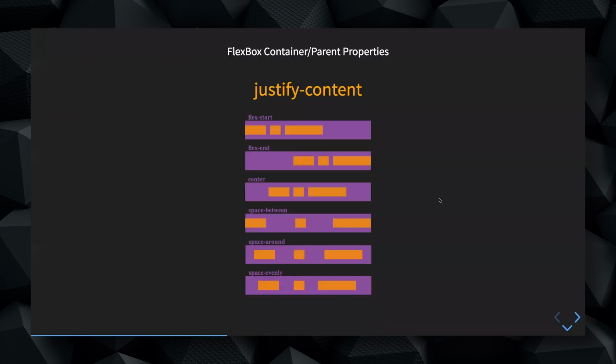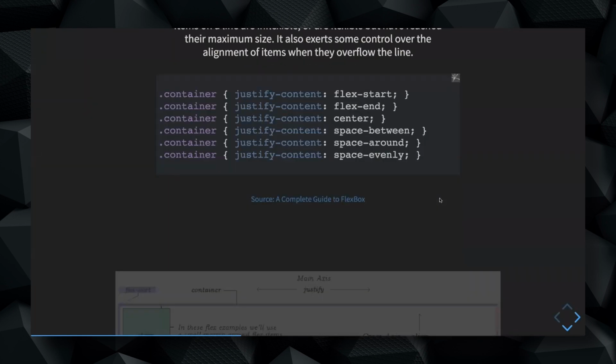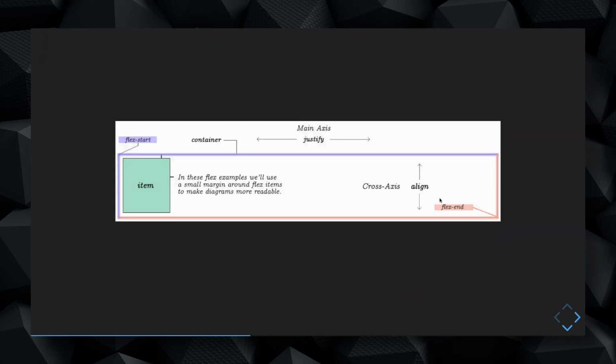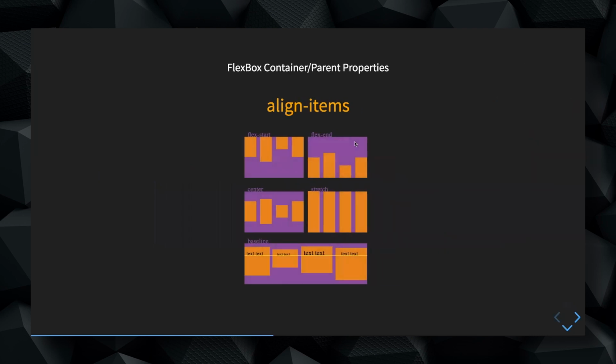Let's move on to the next. We have these values. You can see some more details on the slides. You can see the justify is on the main axis. And let's move on to the other axis, the cross axis. So align items is still on the flex parent.